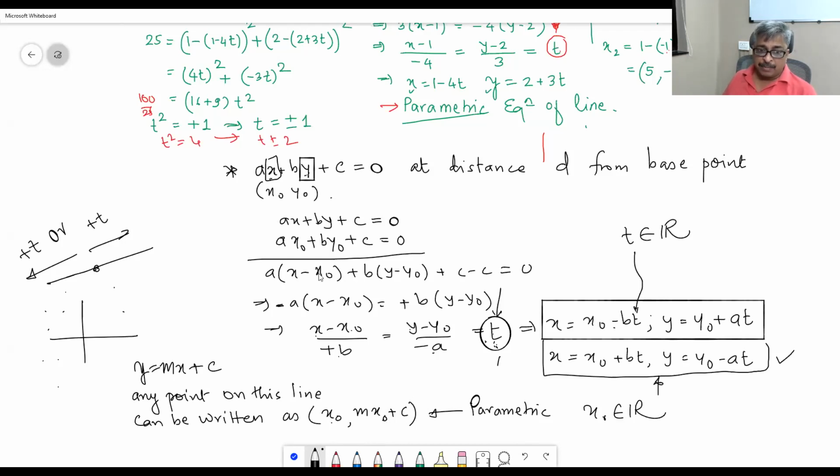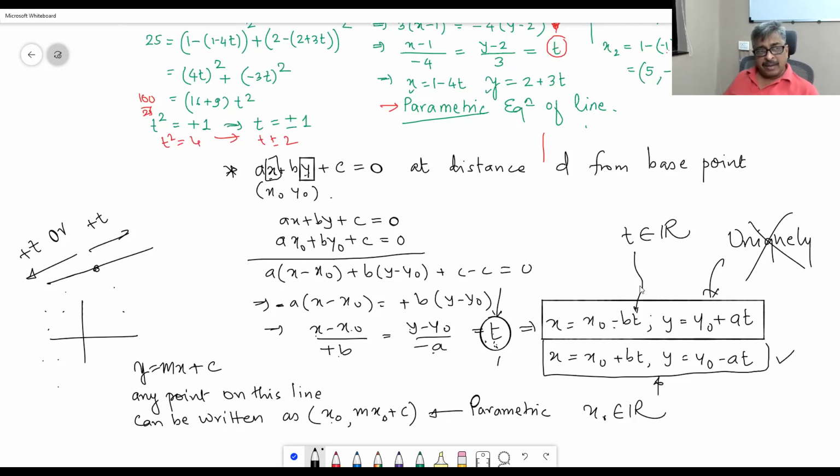I am not saying that the parametric equation of a straight line is defined like this uniquely. No, there could be many representations of the same curve parametrically, looking different, but all parametric.